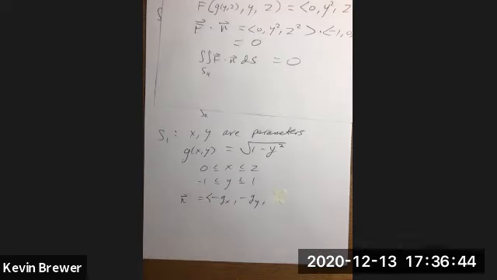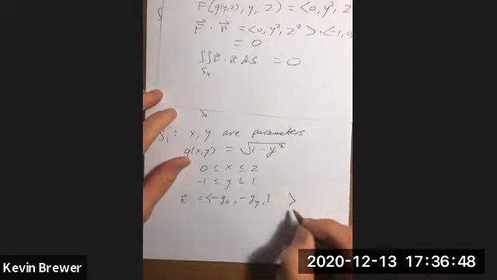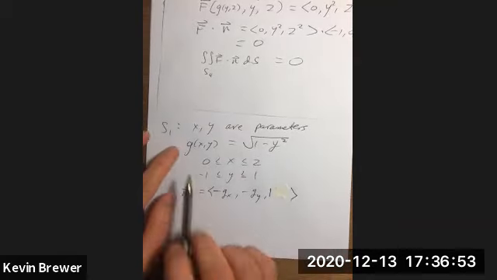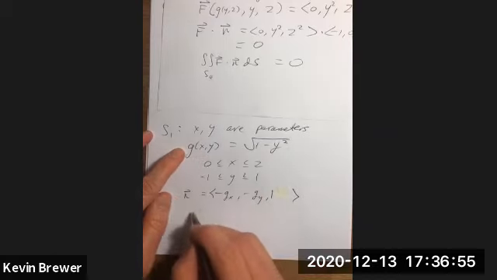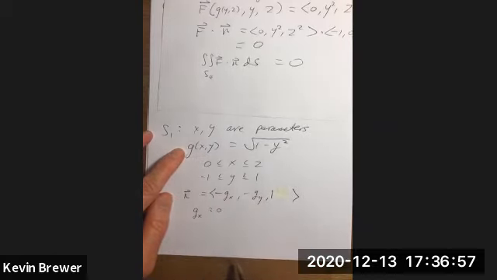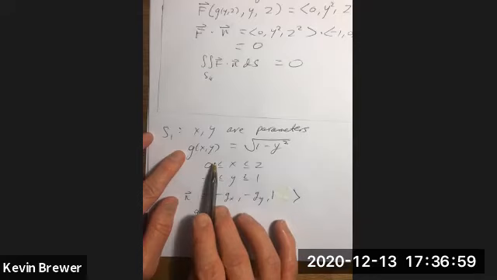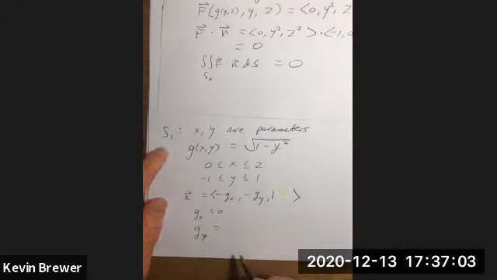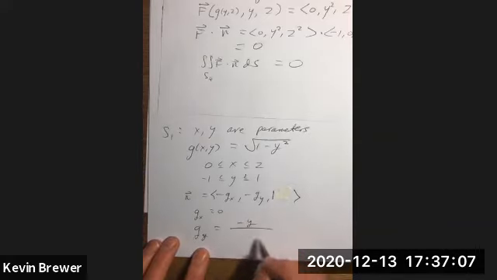Don't want to put k, a vector, inside the vector notation. So 1 there. And then, of course, partial g with respect to x is equal to 0. I'll let you, if you need to, fill in the details, but partial of g with respect to y is minus y over the square root of 1 minus y squared.